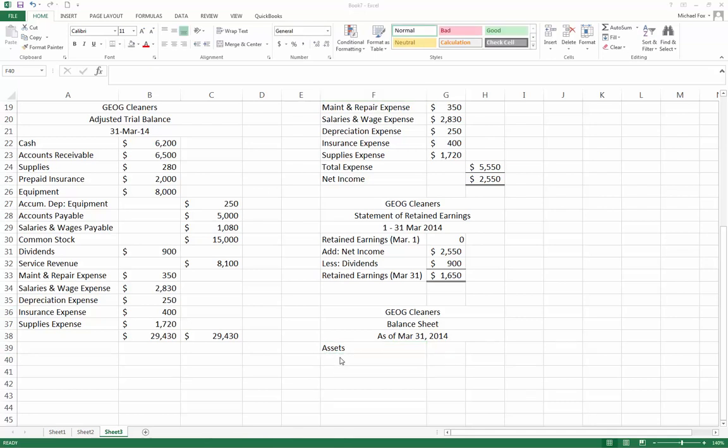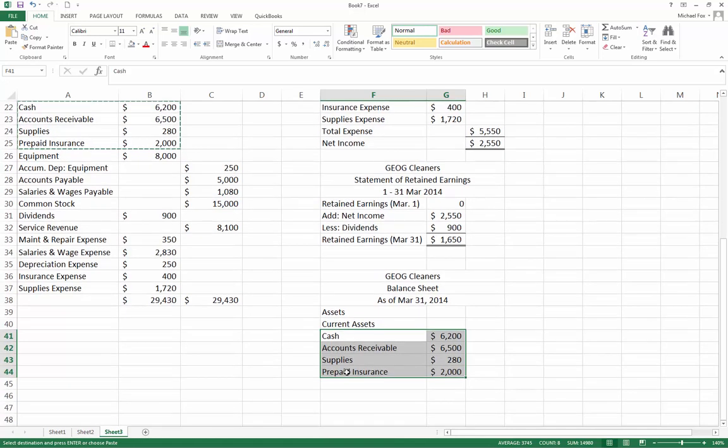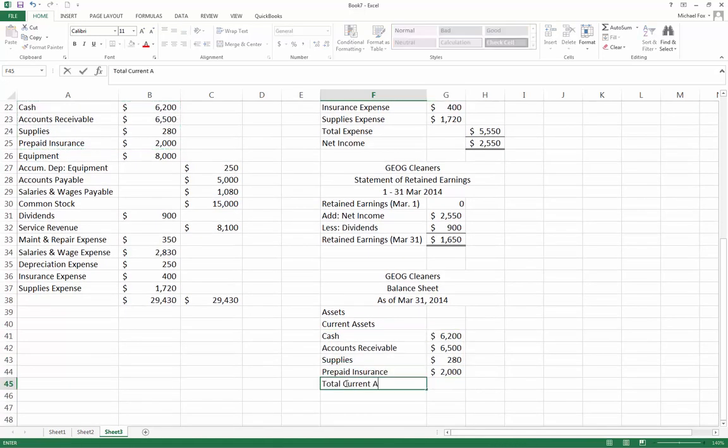So we'll do current assets, which will be our cash, our accounts receivable, our prepaid insurance. That's our total current assets. Then we'll do a line that says total. There's our total current assets.